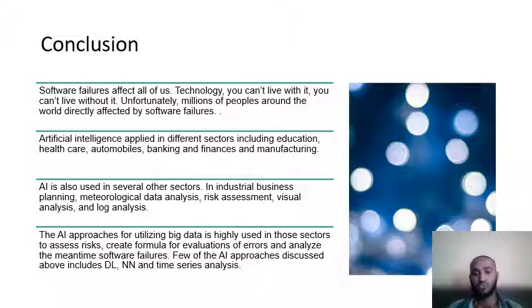AI is also used in several sectors like industrial business, planning, meteorological data analysis, risk assessment, visual analysis, and log analysis. Meteorological data is something we never talked about. This is basically manipulating and analyzing data and being able to predict what is going to happen. It's going to rain today. It's going to be hot today. So this is also another big task done by AI.